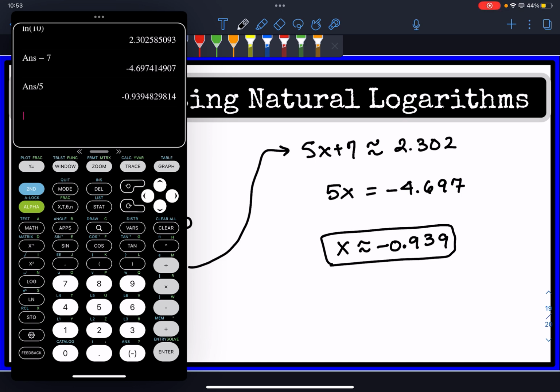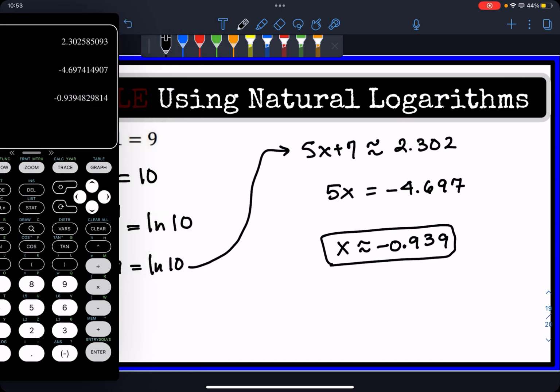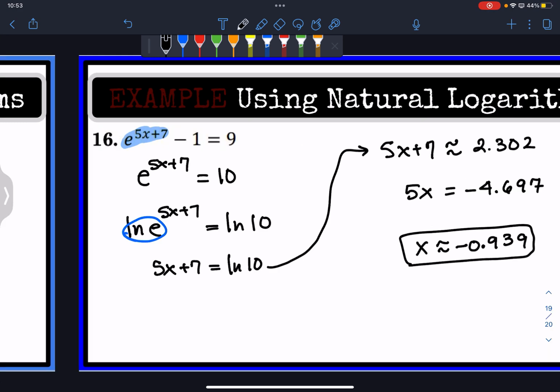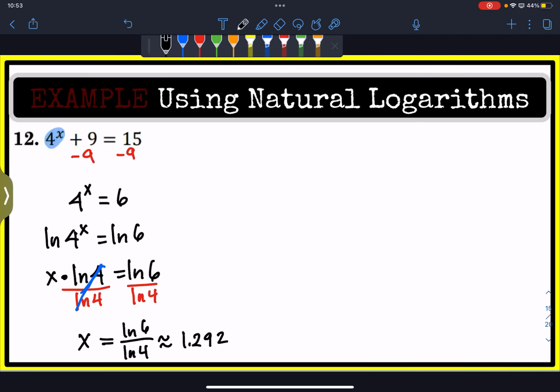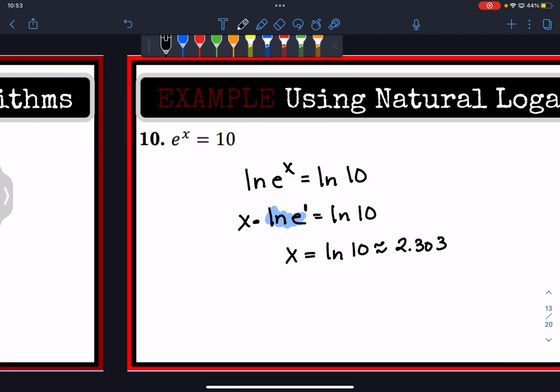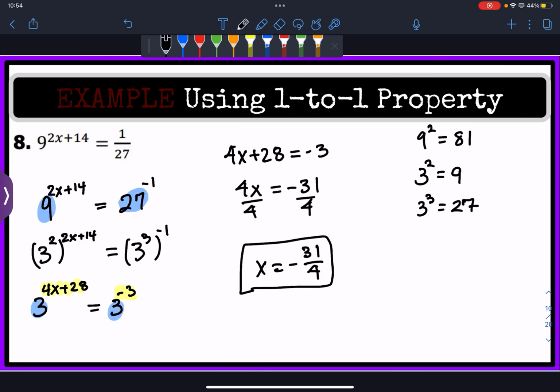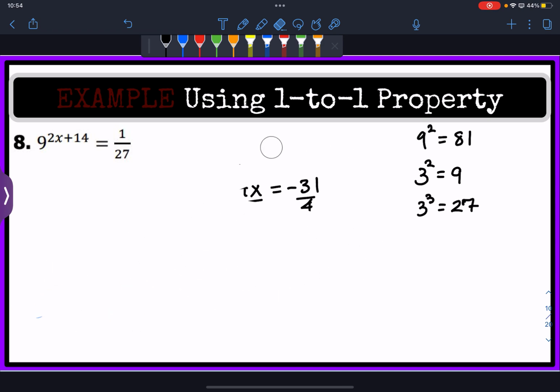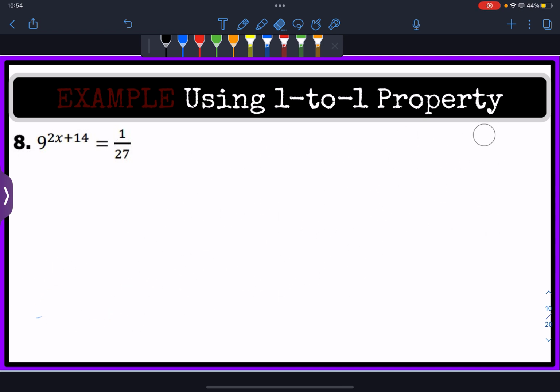Now, like I mentioned, we can use this method on any exponential equation, even if there's a way of changing the bases and making the bases the same, like on the last example that we did. Let's say we have this one right here. So instead of doing it like this, let's simply take the natural log of both sides.